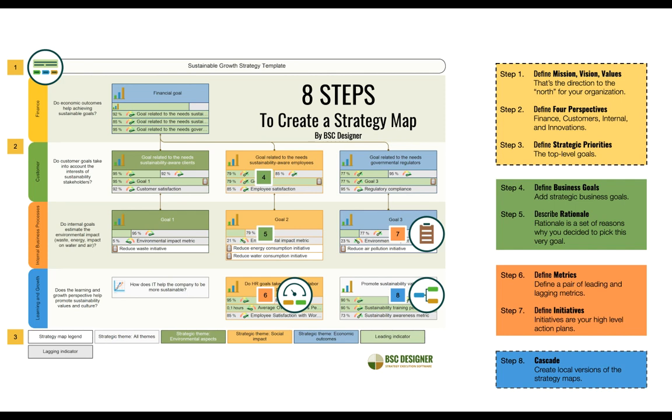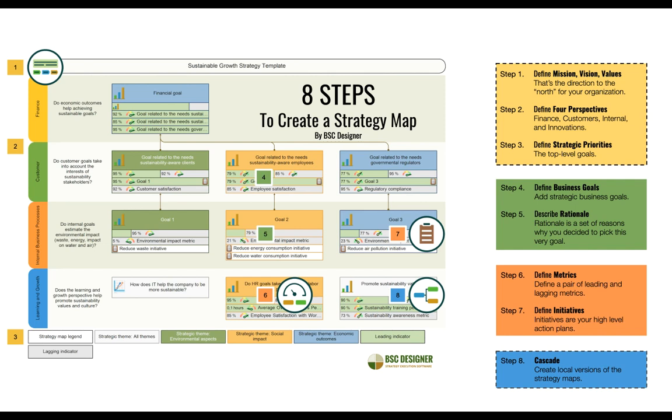Why do we need to cascade a strategy map? Imagine that you have this strategy map template, a sustainable growth strategy template, designed by a CEO and some top managers. For top managers, this map will make some sense. But what if you show it to your marketing team, for example, or to the development team?